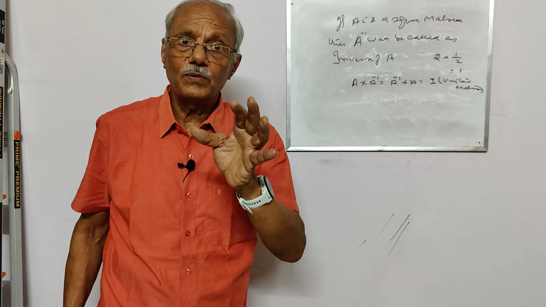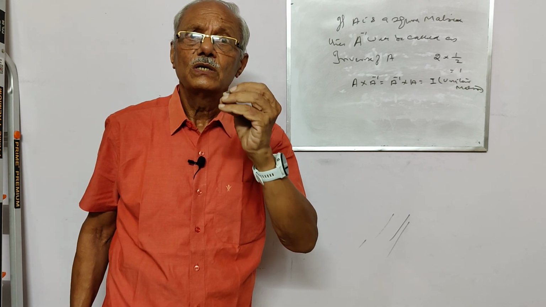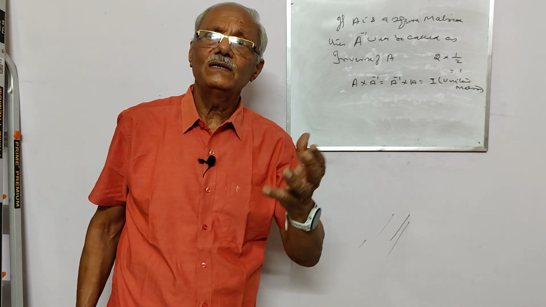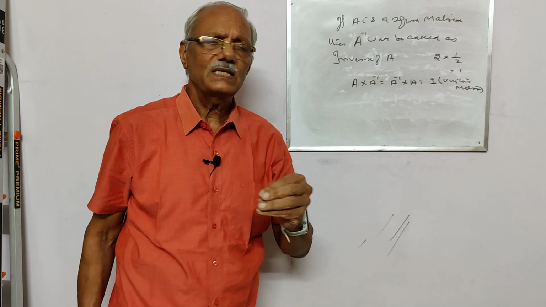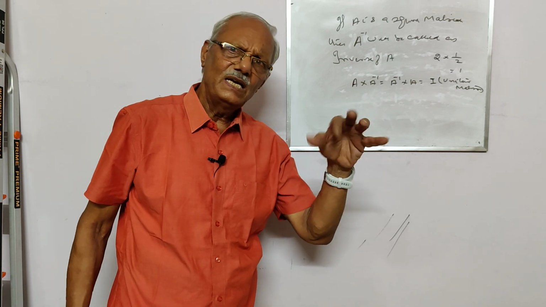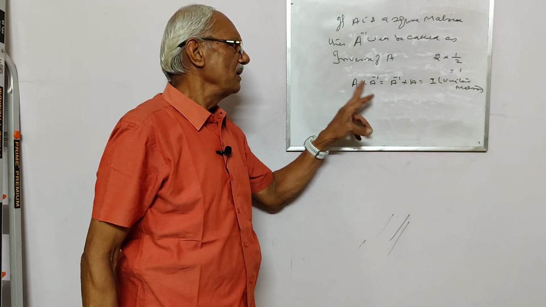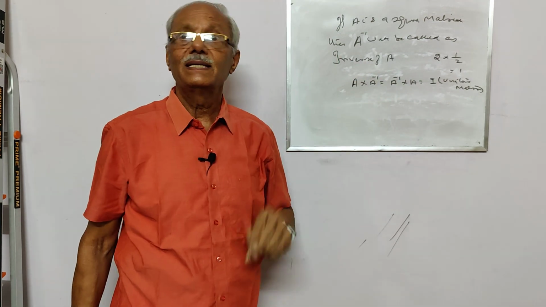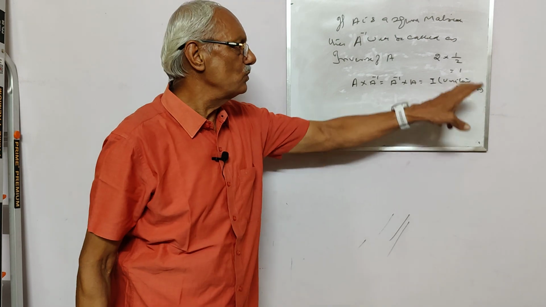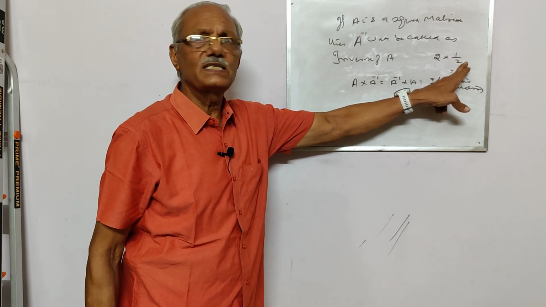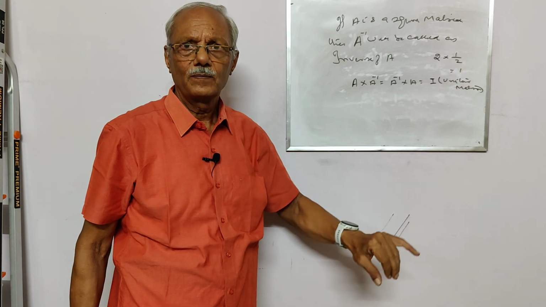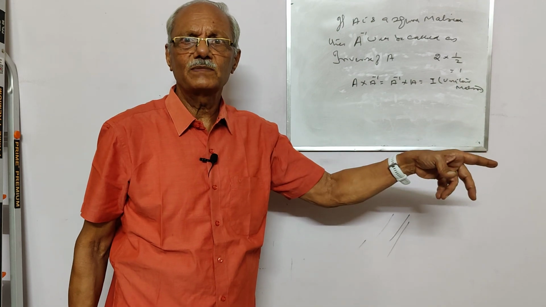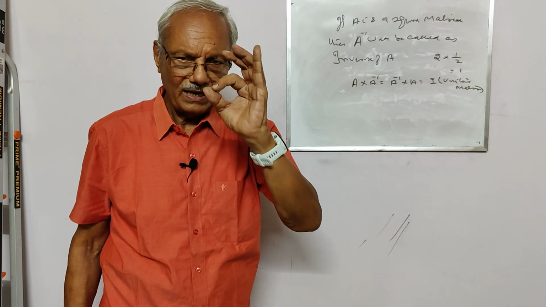And how do you find the value of A to the power of minus 1? But how are you sure that it is the inverse of A? The simple verification is to multiply A and A minus 1 in any way. For example, A into A minus 1 or A minus 1 into A, it will give you a matrix. That matrix is the unitary matrix. As I told you, 2 is a number, half is its multiplicative inverse, multiply and you will get 1. That is for a number. But here it is a matrix, so the resulting matrix must be a unitary matrix. Have this in your mind.